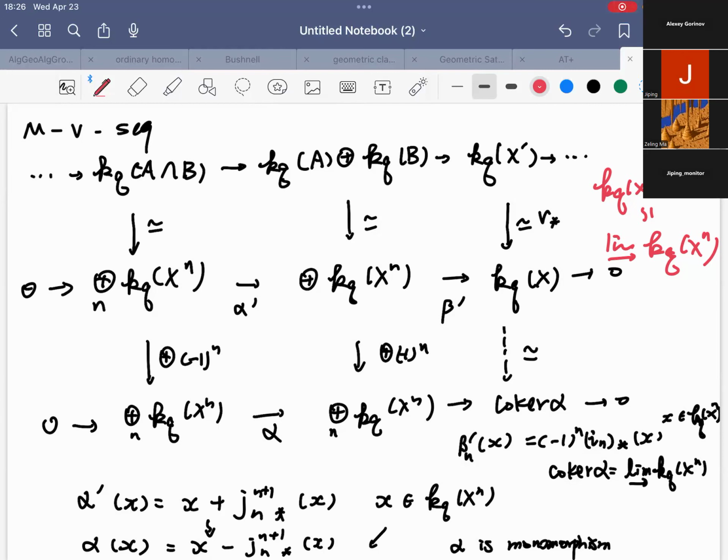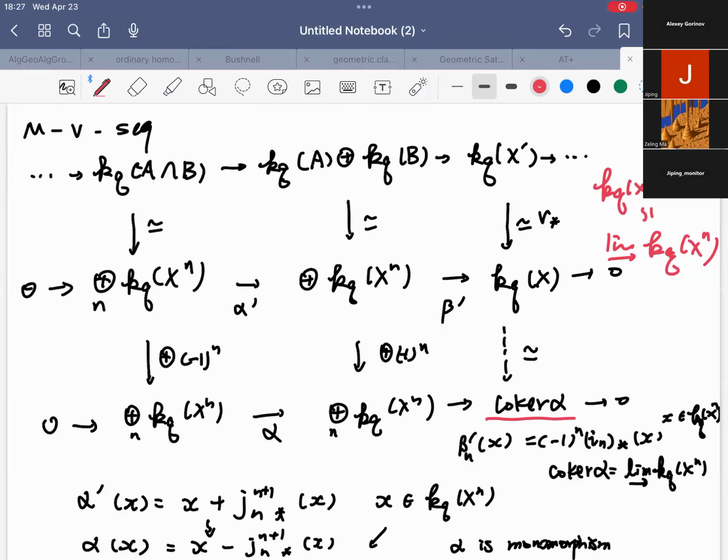Here I just compute the direct limit, given by the co-kernel. Because we have the short exact sequence. Okay, so we have the union of two things.